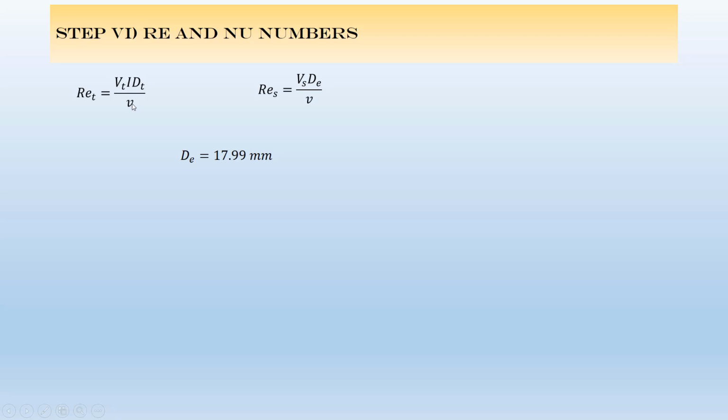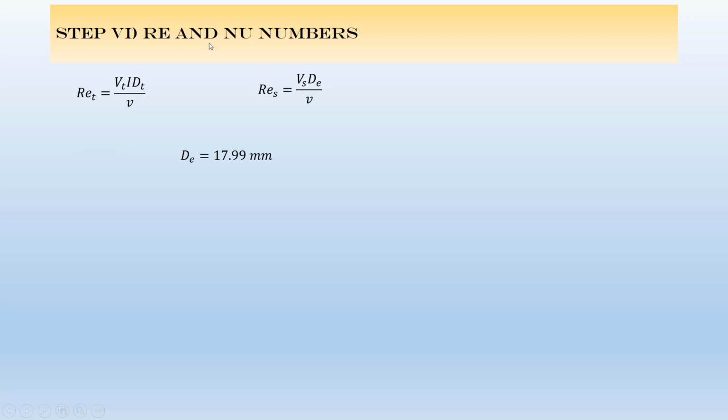But for the shell side, you need to use the VS, correct? We already discussed in my previous lecture that velocity is not constant, so we can use this characteristic velocity. And you already determined this characteristic velocity in the previous section. And then you need to use the equivalent diameter, correct? To calculate the Nusselt number, you need to use the equivalent diameter.